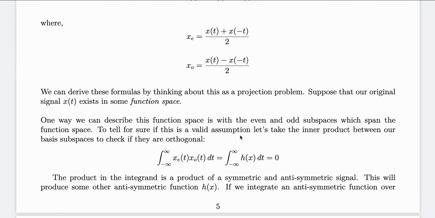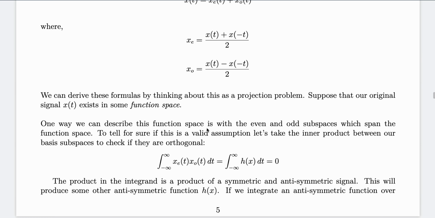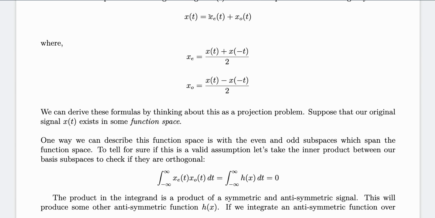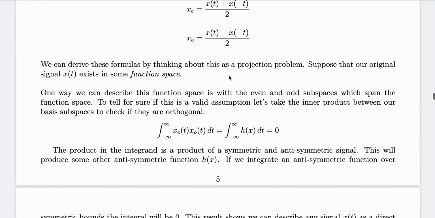I wanted to check that these were orthogonal, so we can be confident that our x of t really can be described by any linear combination of x of e and x of o. To check this, we need to make sure that they're orthogonal to make sure that they form a basis that can describe x of t.